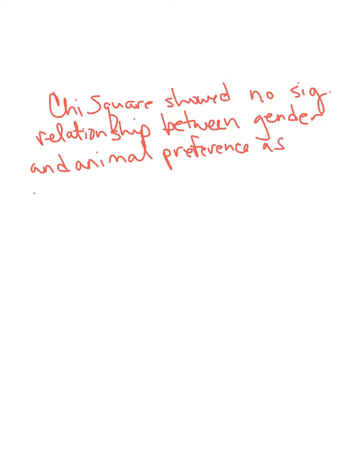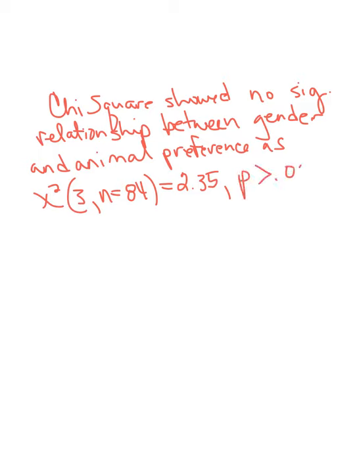As, and I'm going to just write chi-square parentheses. If you remember, our degrees of freedom was 3 that we used to look up our critical value. Our n equaled 84, parenthesis close, equals, and that's our obtained test statistic, 2.35. P is greater than 0.05 because we did not find significance, and Cramer's V equals 0.17. And that is our APA result.